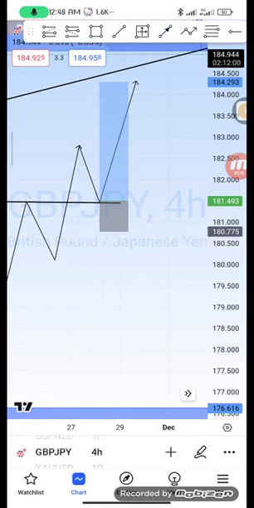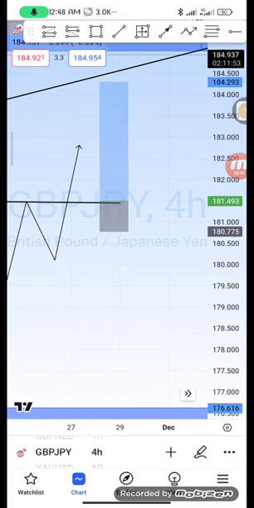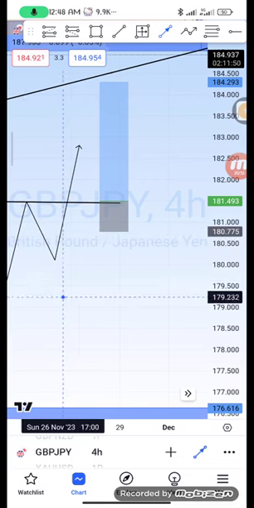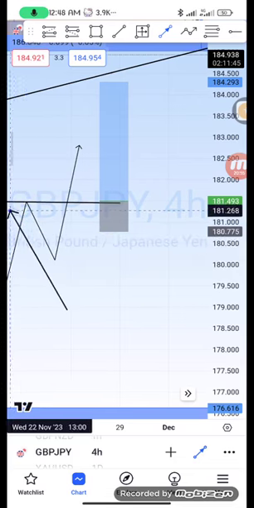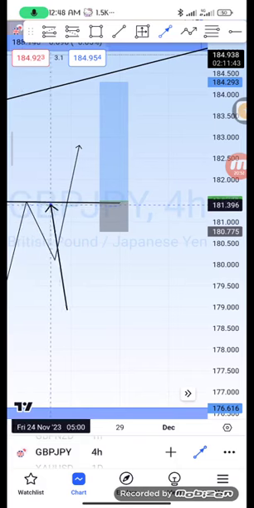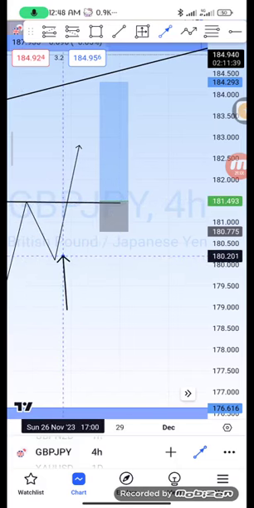Now buy stop is a different scenario. Buy stop means let's say the price is currently at this area here, and you know that the market will surely break above here. You can use buy stop. That means you are buying at a higher price.